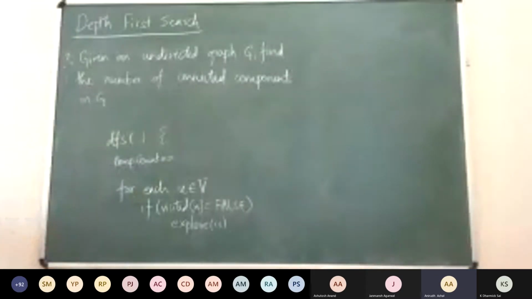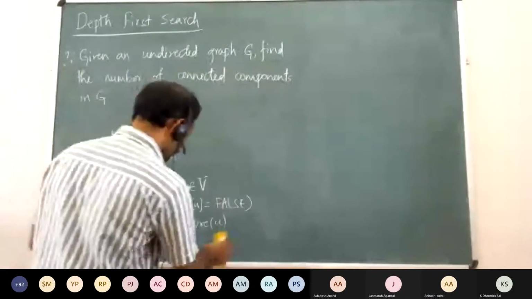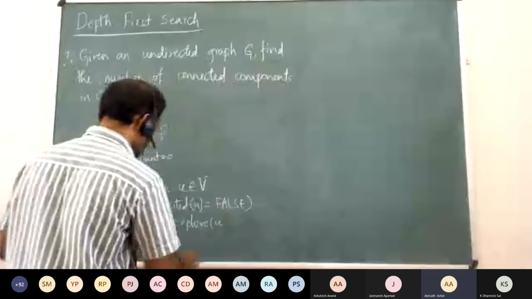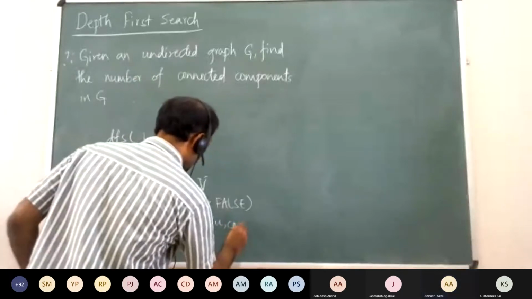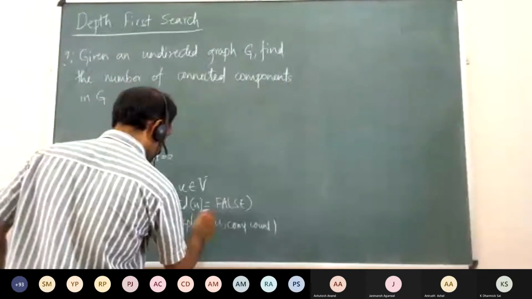Every time we call explore, we increment component count by 1. Maybe you can also send this component count to explore. Before that, you increment it here.